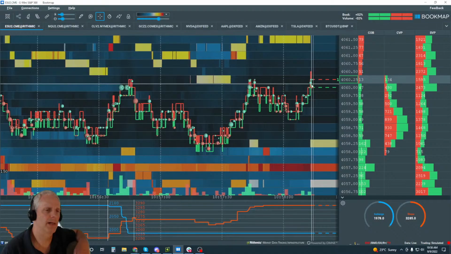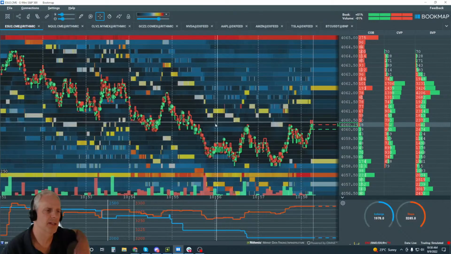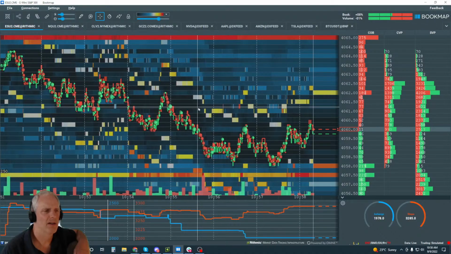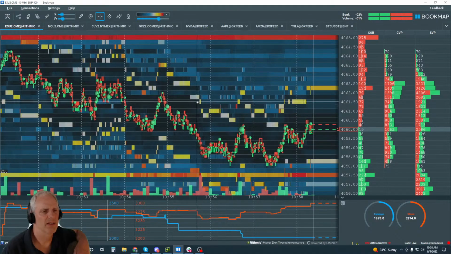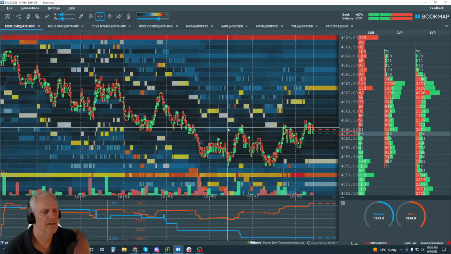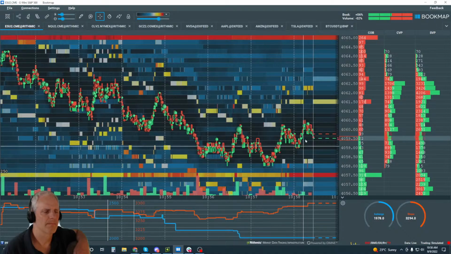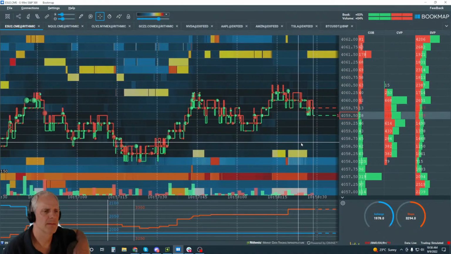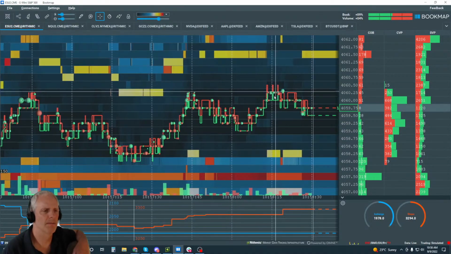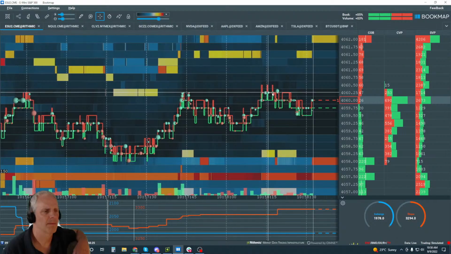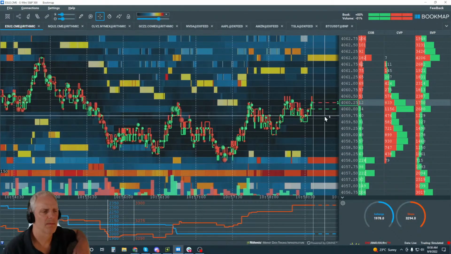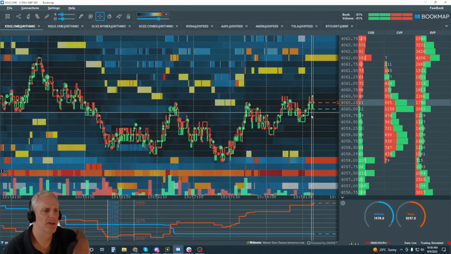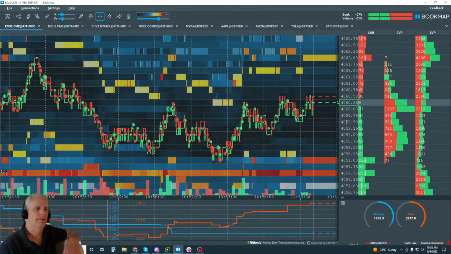Low volume pullback, buyers, and let's see it break on up to maybe 61 or 62. No. Okay, another retracement. Looks good.